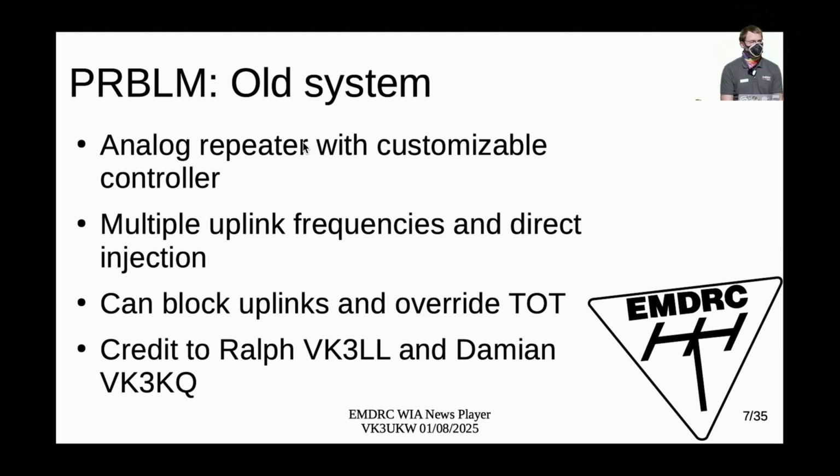It also overrode the timeout timer. Maybe the way it was implemented is that there just wasn't a timeout timer configured on that UHF uplink input. And yeah, that was managed by Ralph VK3LL and Damian VK3KQ.